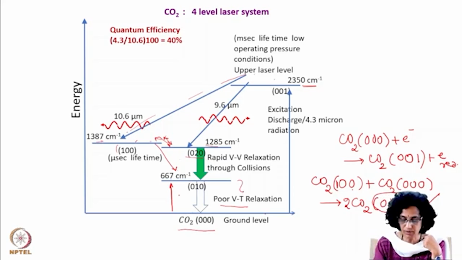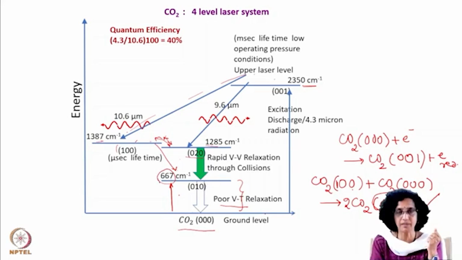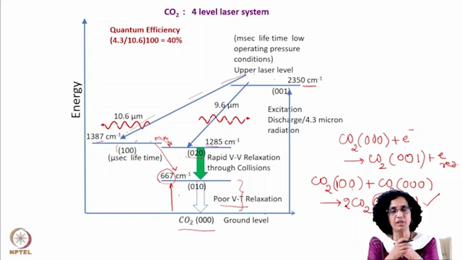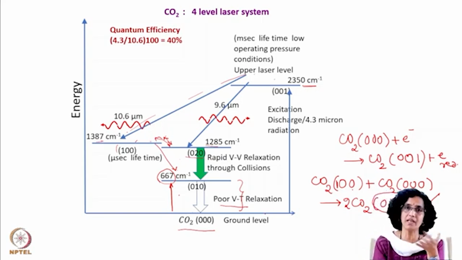But from here to here, when it has to come down, then it has to be through collisions. But you see, what is the energy involved? Energy involved is 667 centimeter inverse, while the average thermal energy is 200 centimeter inverse. That is what we saw of the gas molecules. So the quantum of energy that has to be exchanged with other molecules for coming down is very, very large.